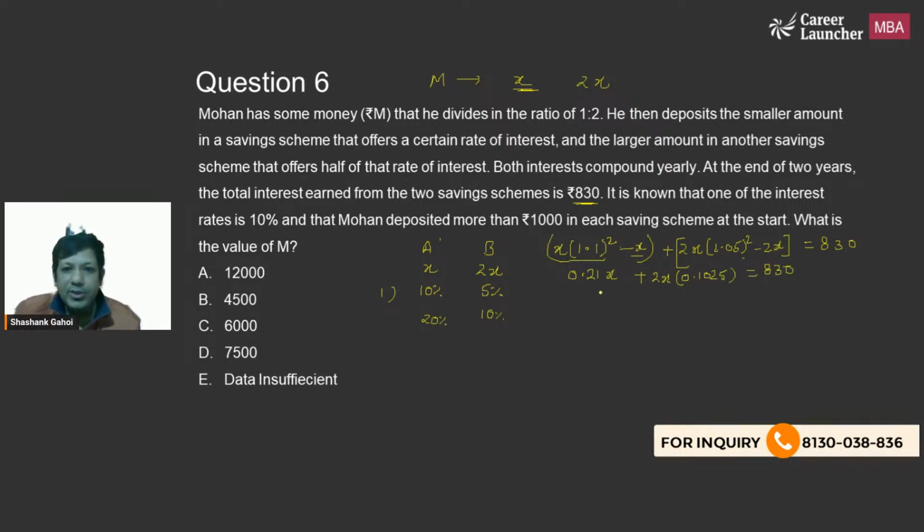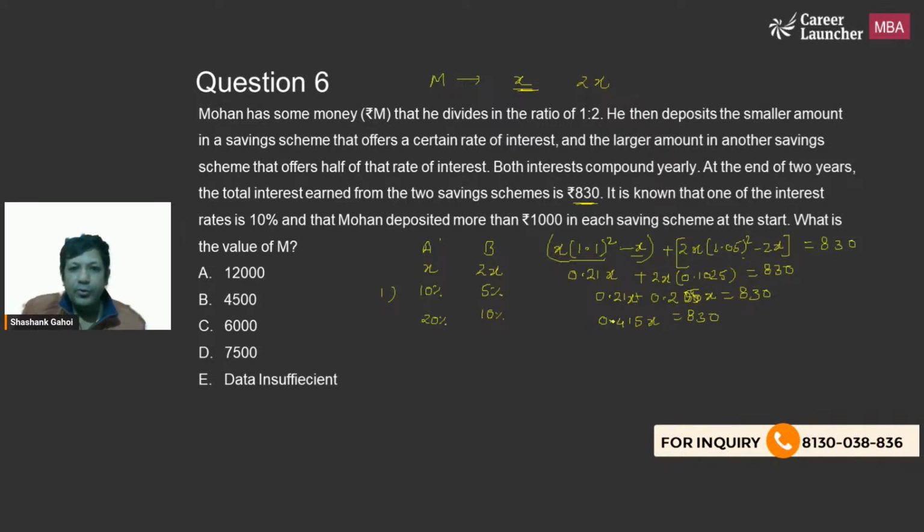So this comes out to be 0.21x plus 0.2050x. So it is going to be 0.2050x, and that is equal to 830. So basically it is going to be 0.415x, and that is equal to 830.